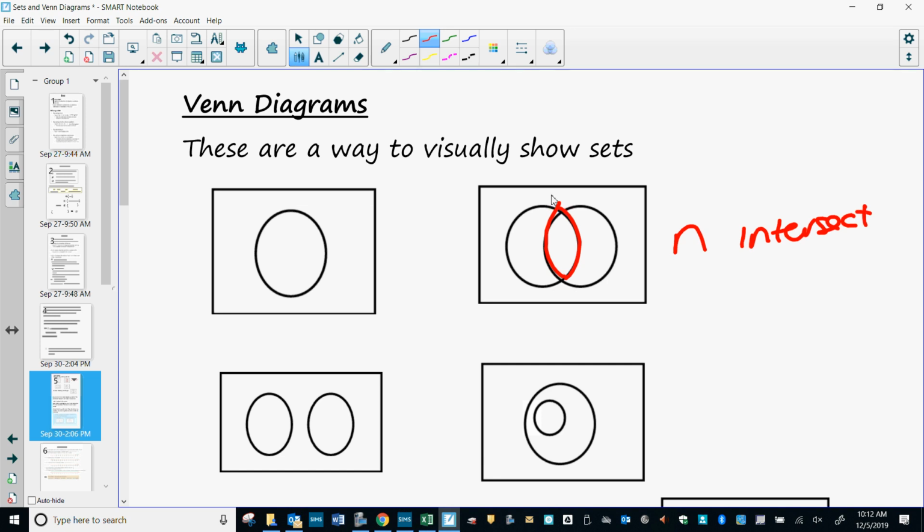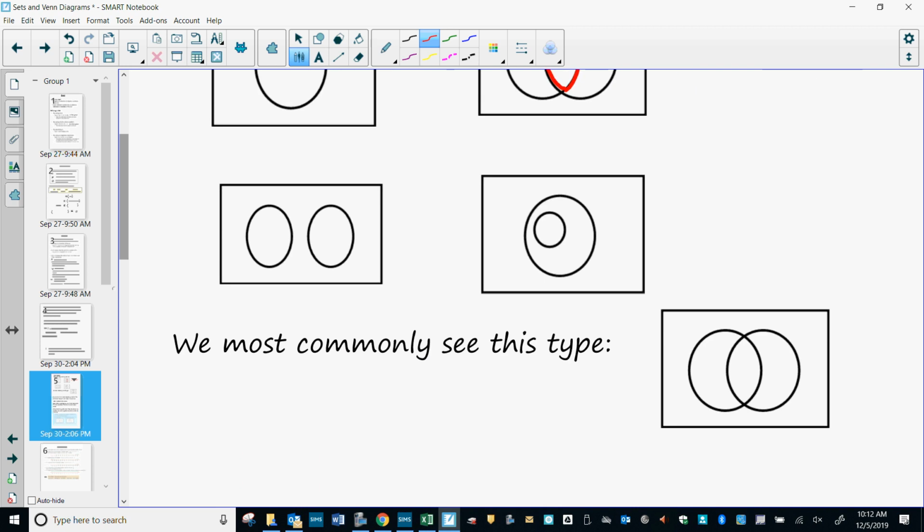These two sets here obviously have nothing in common. They're completely separate to each other. Do you remember what we call it when one set is completely inside another? You're shouting out the letters that we talked about last lesson.